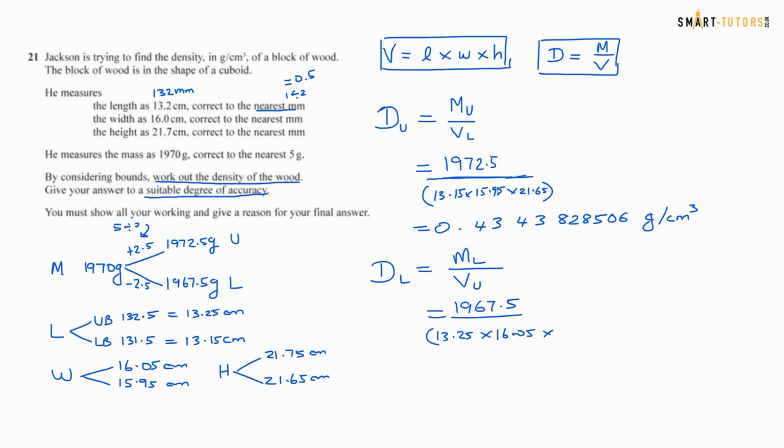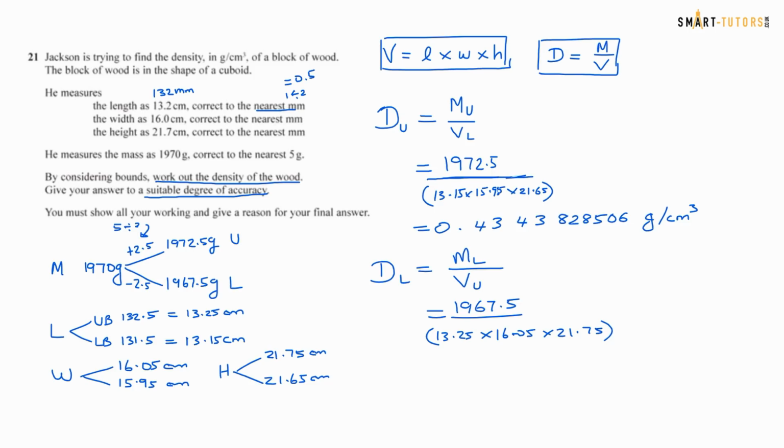So I'm going to substitute and show it. It's a 5-mark question. So 1967.5 over all the upper values: 13.25 times 16.05 times 21.75.